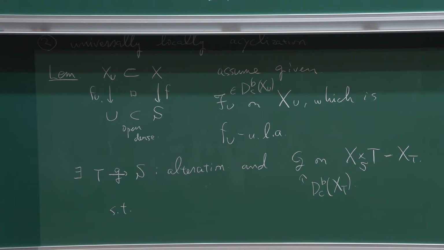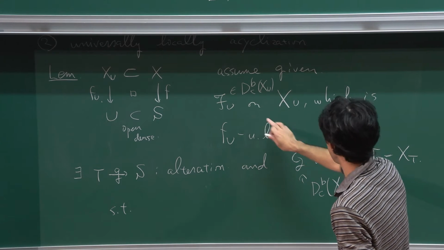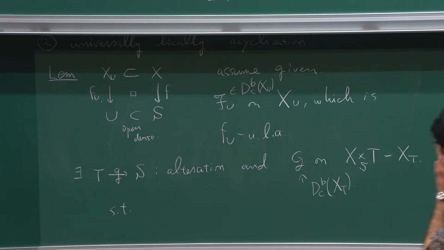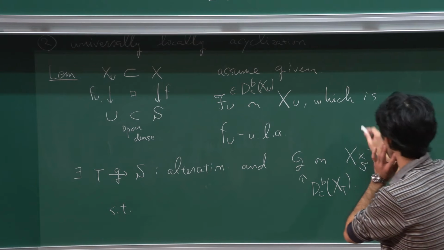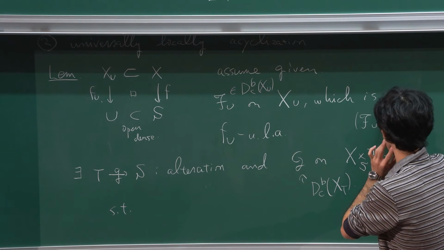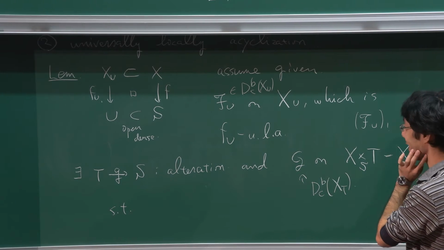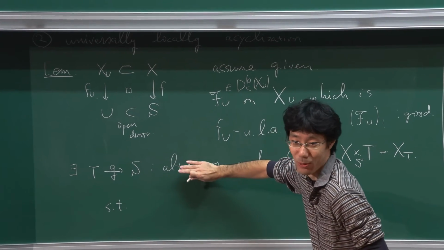But I think in his paper you could use just modification instead of alteration, but here you need alteration, in order to achieve this universal local acyclicity. So when I start from F_U, shriek extension to everywhere is good. If this is good, then I can make this alteration by a finite morphism.